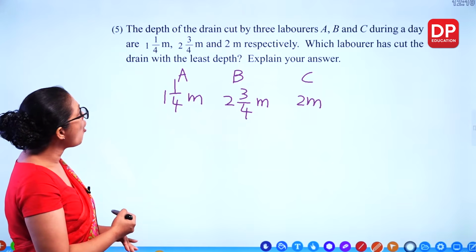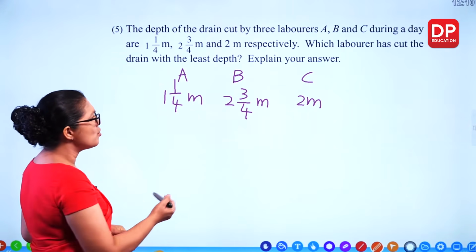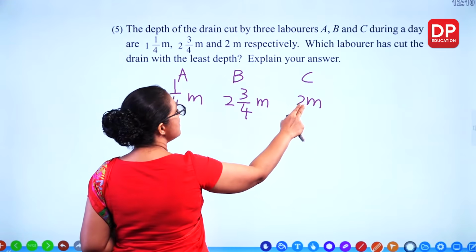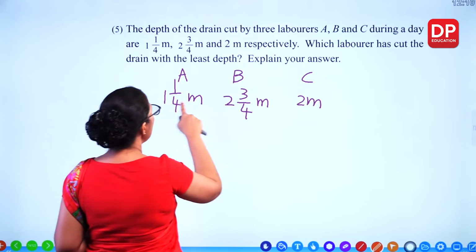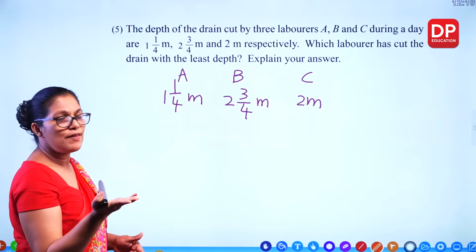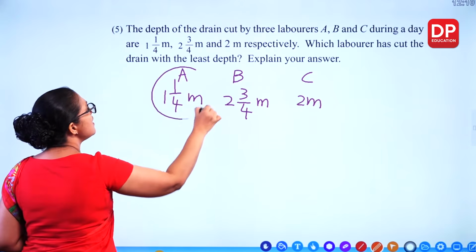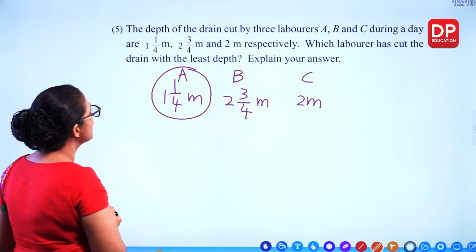Least means the smallest value. So when you consider the whole number, this is 2, this is 2, and this is 1. So definitely we can say this is the least depth.